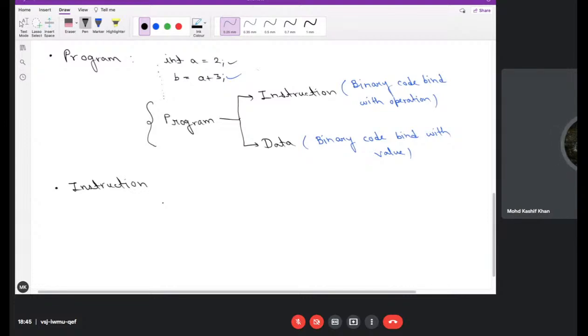So instruction, it is just a binary sequence. Everything is a binary sequence, 0 or 1, and instruction is just designed so that it can perform some task. Okay.